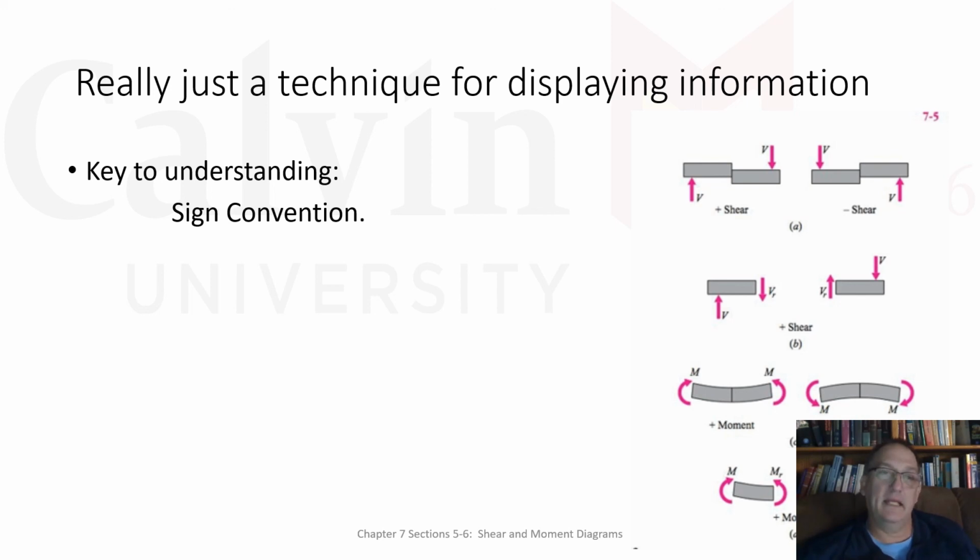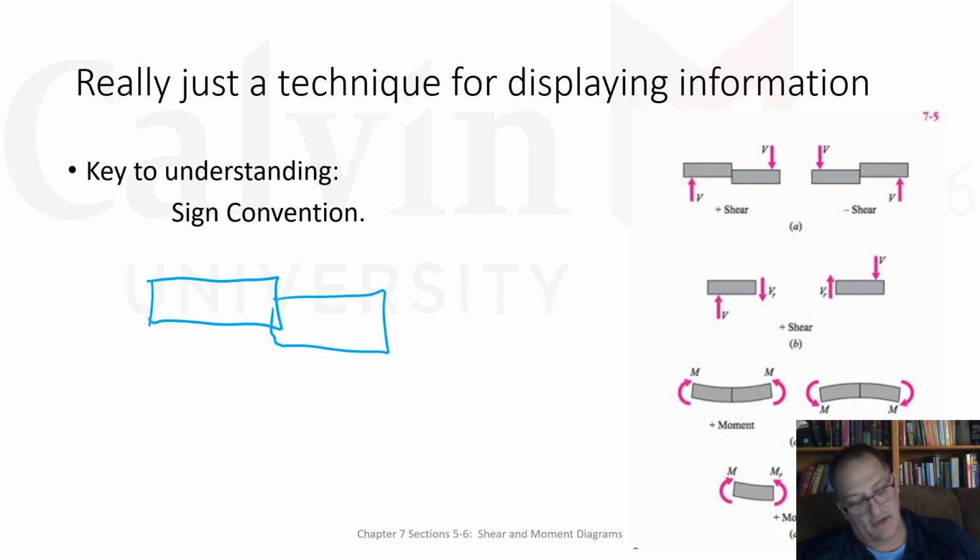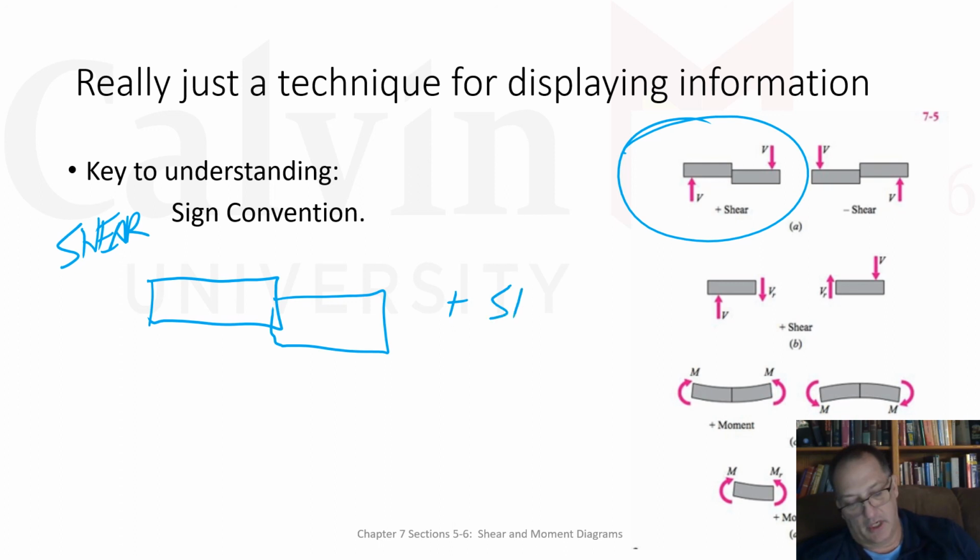Now the key to getting it right is really just the sign convention. If I apply a force to a section of beam that causes my beam to look like this, now this is just from a shear perspective, that's positive shear. I remember that because this creates steps going down.